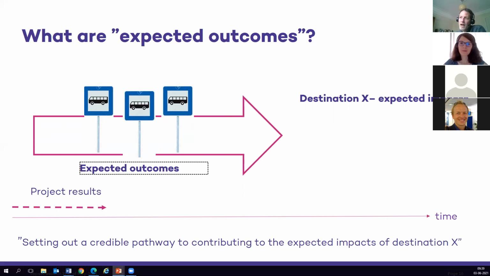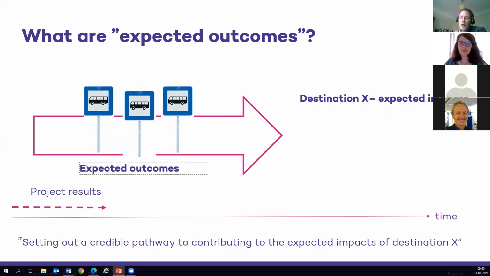Now, why have I illustrated these expected outcomes as bus stops? I've illustrated them as bus stops because delivering on the expected outcomes usually implies engaging with users, and that could be industries, policymakers, citizens, decision makers, etc.